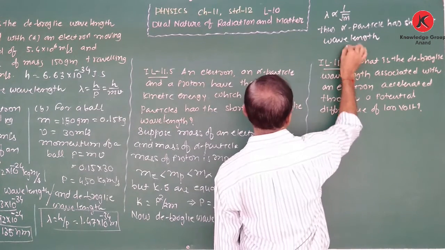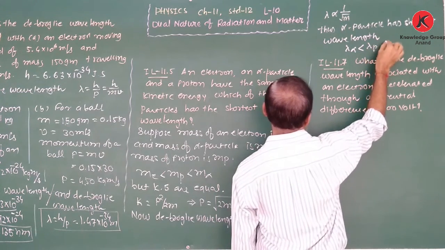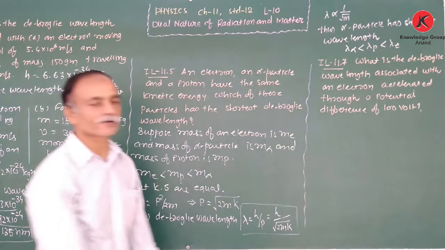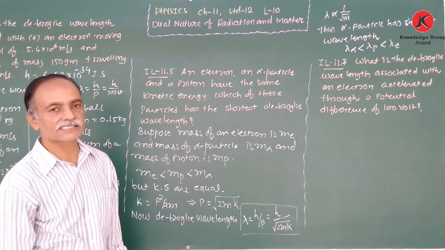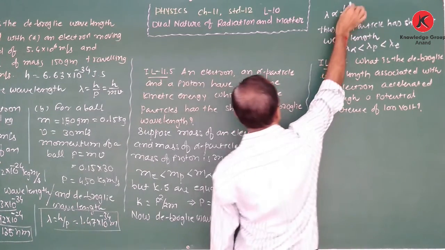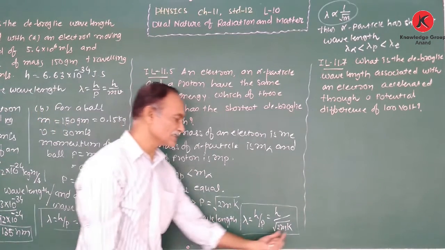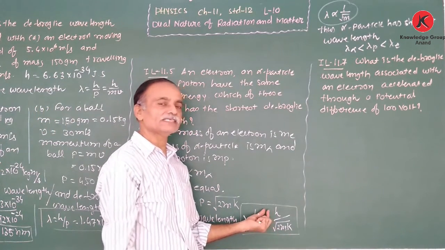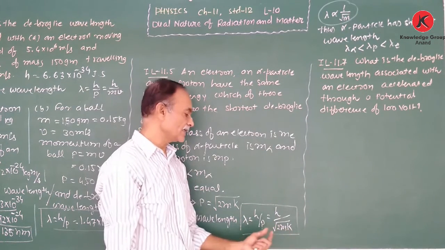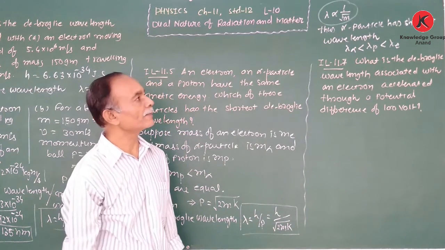Therefore, the wavelength of the alpha particle is less than the wavelength of the proton and less than the wavelength of the electron. Is this clear? We only have to obtain the relation between the wavelength and mass, because the kinetic energy is given the same, h is constant, 2 is constant, and K is the same, therefore lambda is inversely proportional to 1 upon under root of m.